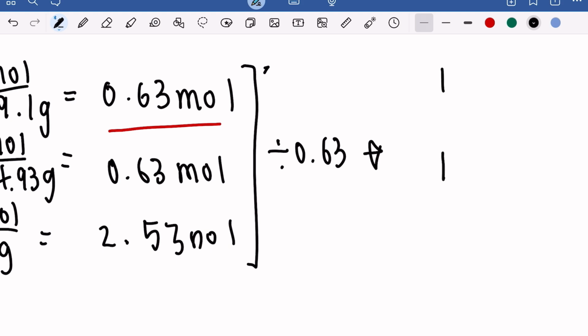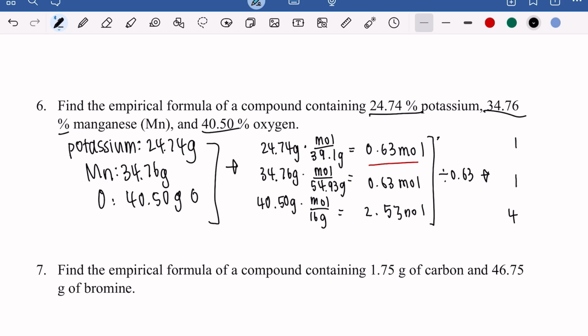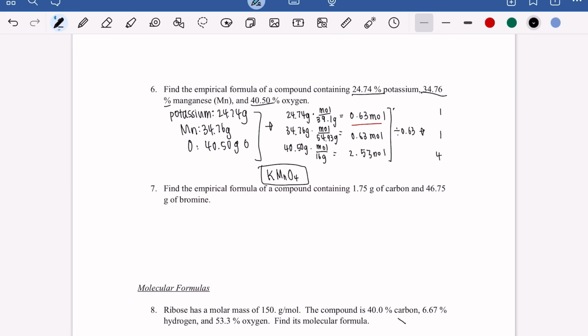Same for manganese. And for oxygen, it's around 4. It's 4.01, but we can simplify it to 4. So the empirical formula for this compound is KMnO4. As simple as that.